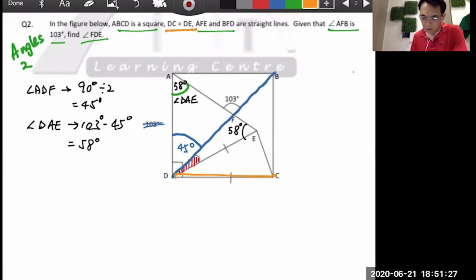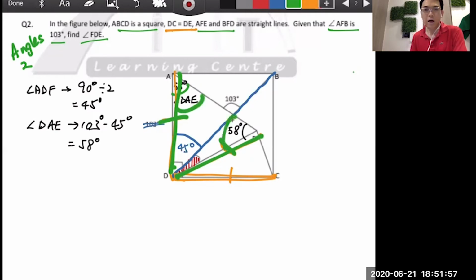So DC equals to DE, and they are equal. However, DC happens to be the side of a square, which means that AD is also equals to DC. And that means that having drawn this, I now have a triangle with two equal sides, making an isosceles triangle. Being an isosceles triangle, this angle here, and this angle here are equal. And that's how I know it's 58, okay?